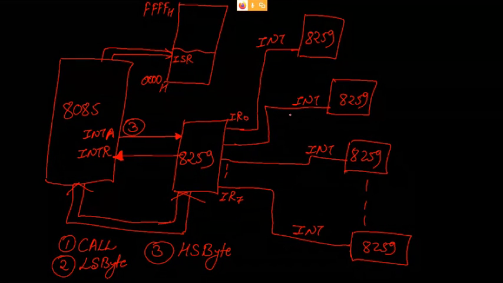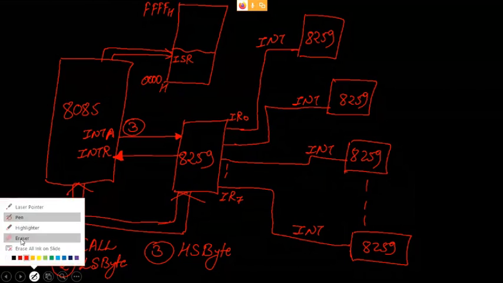It is not mandatory that in master-slave mode you always have to use 8259s on every line. You can change the combination, like there are only 2 8259s, and the rest of the 6 IR lines can be connected directly to the external device. So you can have a scenario like this also.